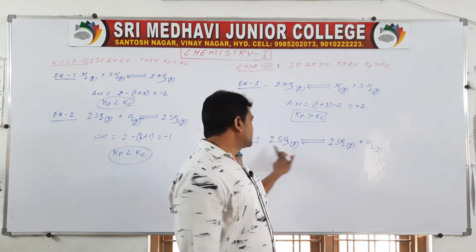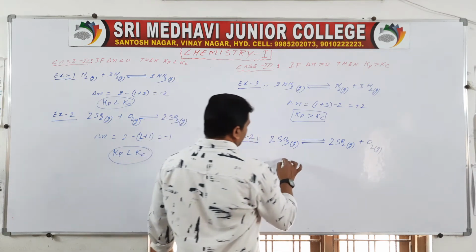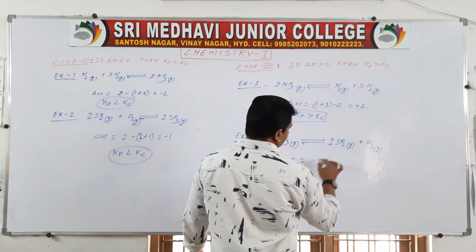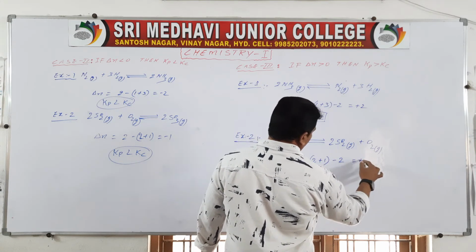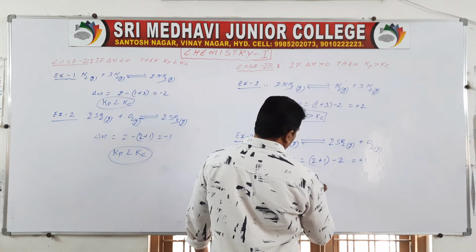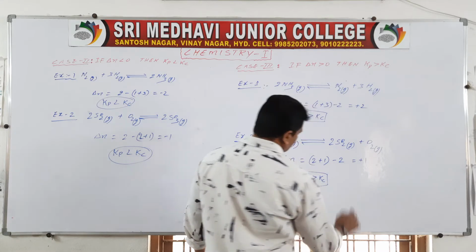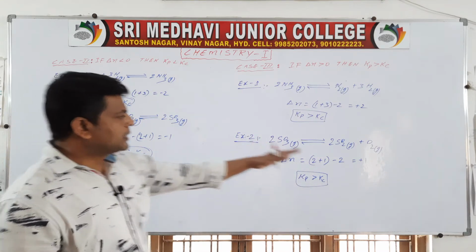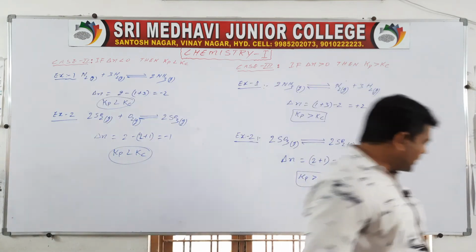Here delta n equals 2 plus 1 minus 2, equal to plus 1. So Kp is greater than Kc. It is case 1, case 2 and case 3. So this is very important.